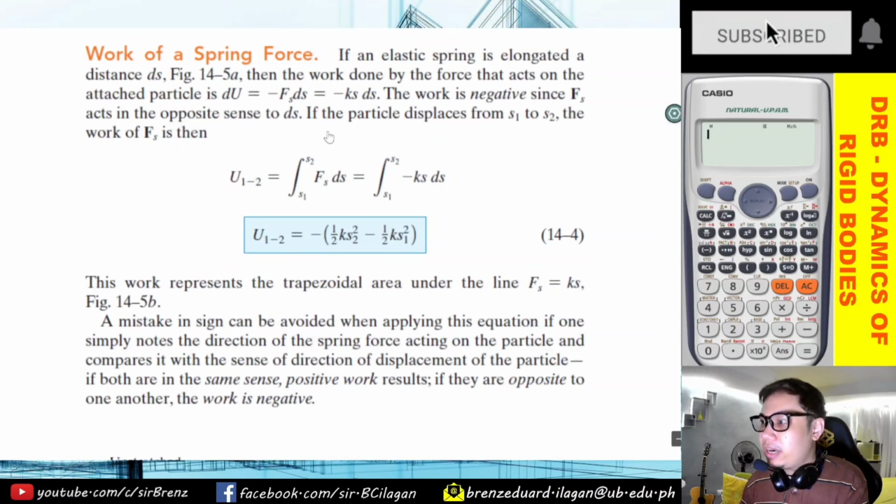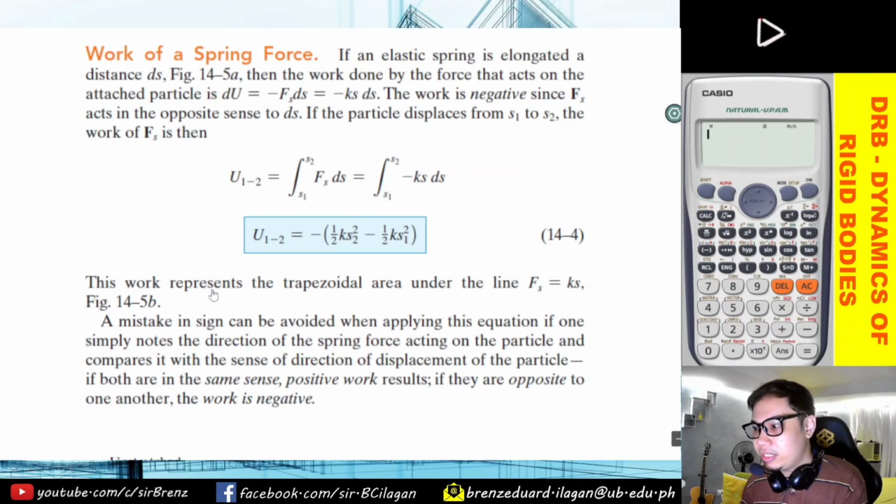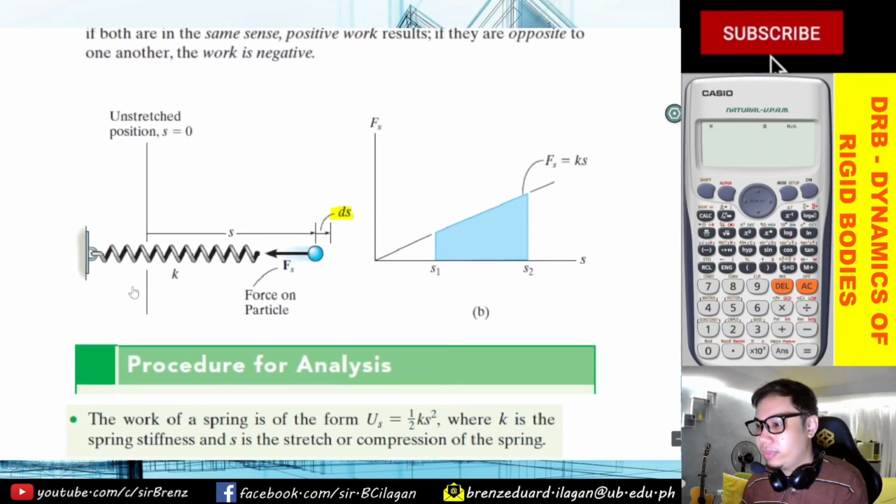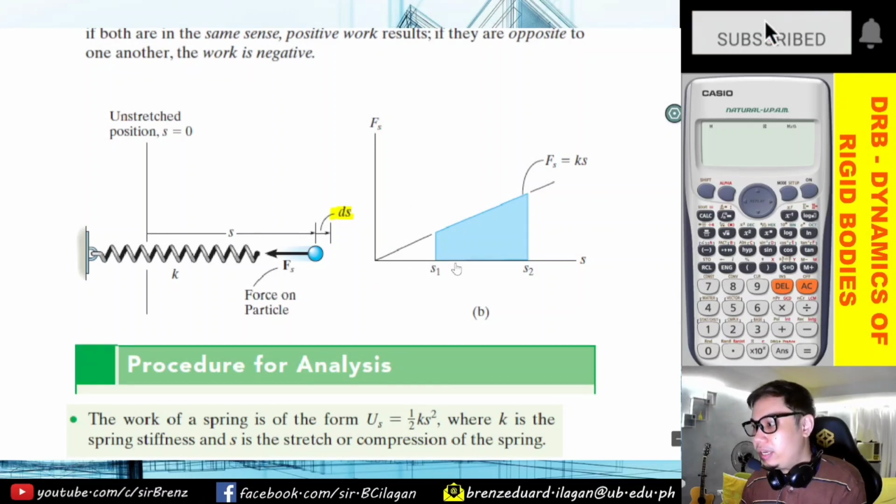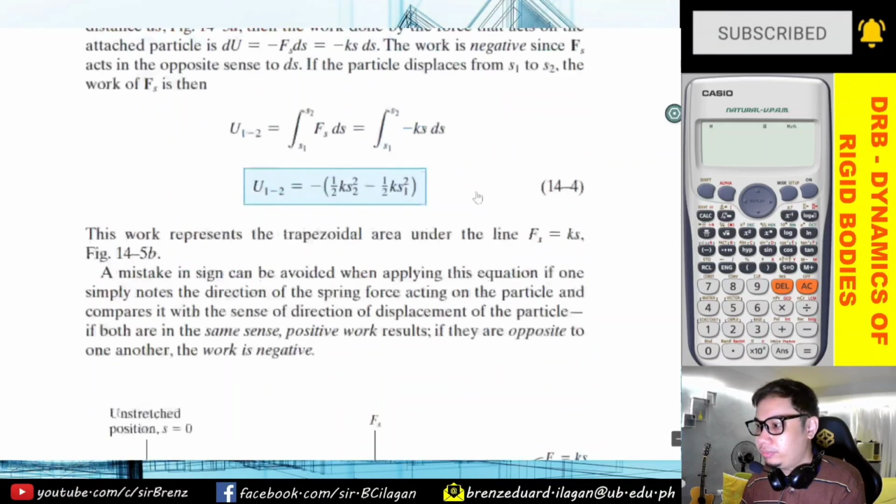Okay, so if the particle displaces from s1 to s2, the work of Fs is then U sub 1 to 2 equals the integral of Fs ds, where the limits are s1 up to s2. Ayan, so nung ginawa niya ng diagram kung saan yung F sub S is in the y direction and yung s is yung x. Ito.